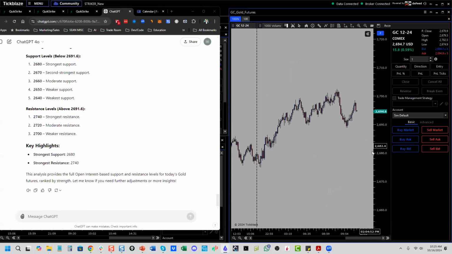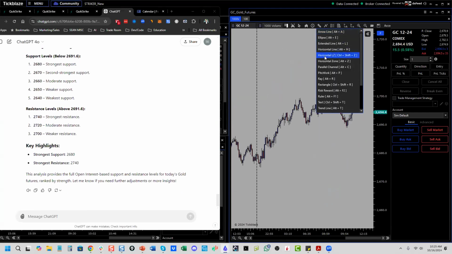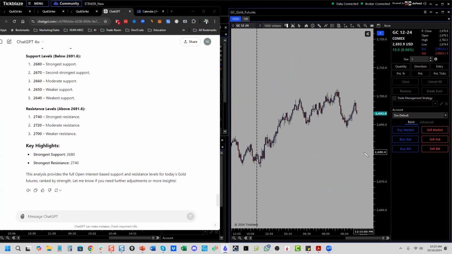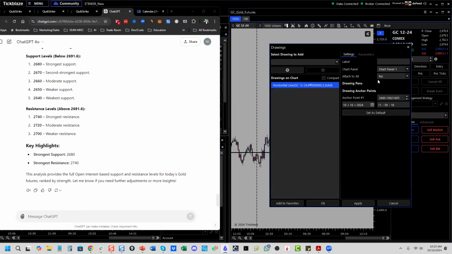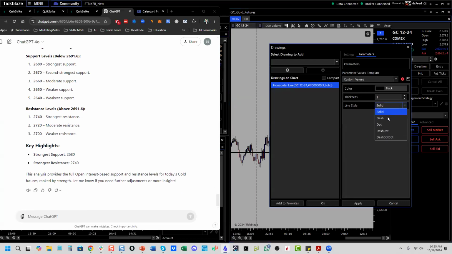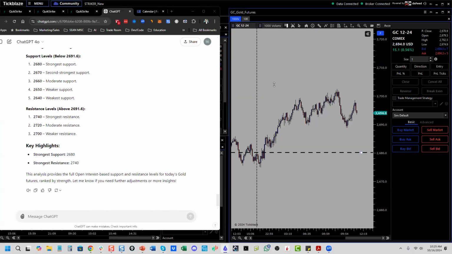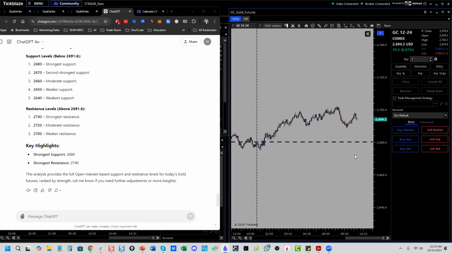Interesting. Strongest resistance is 2740. Way the hell out there. Now, that doesn't mean we're getting there today. That just means that's the bell curve.